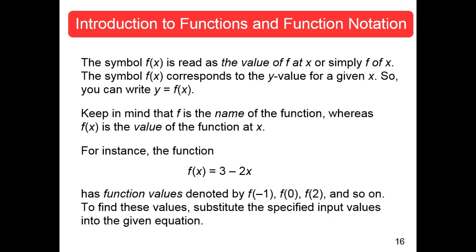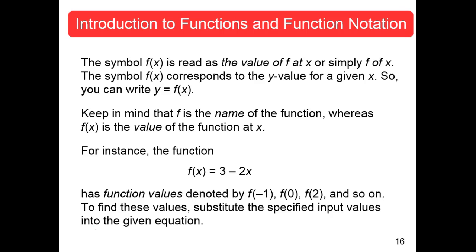So here's a function, a different one. f of x is equal to 3 minus 2x. Okay? Now, if I said, what is f of negative 1? What would you do? Given that function. Can you do that? Yes.